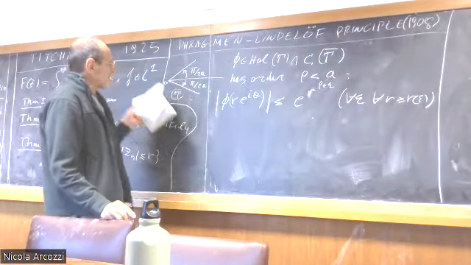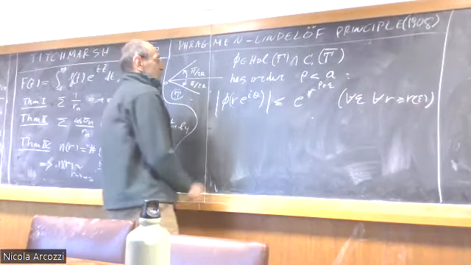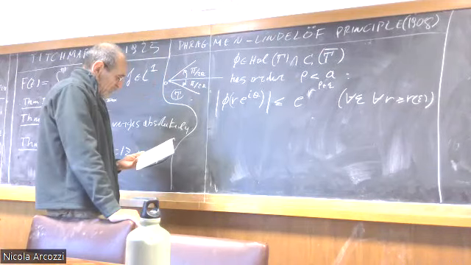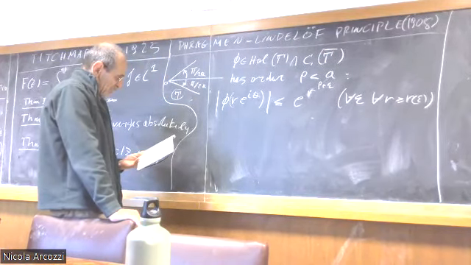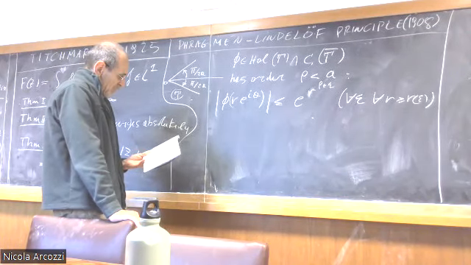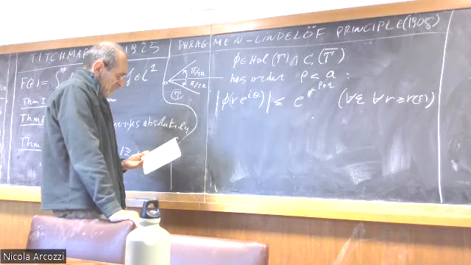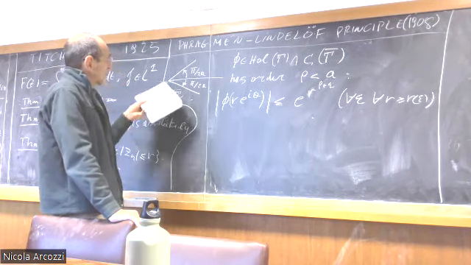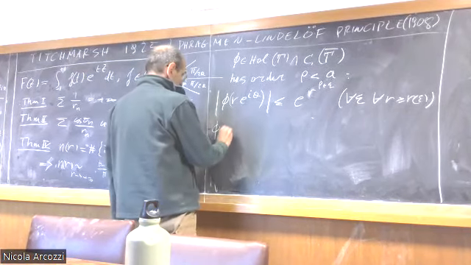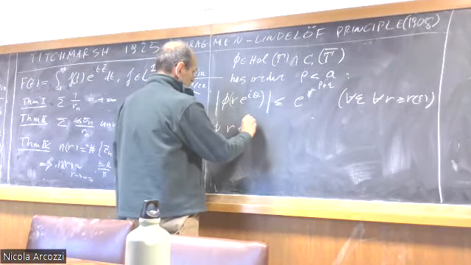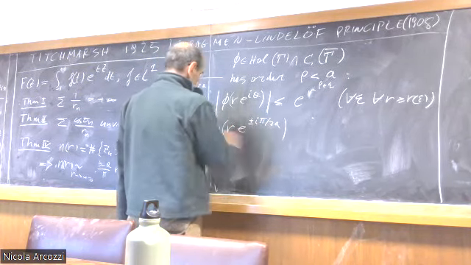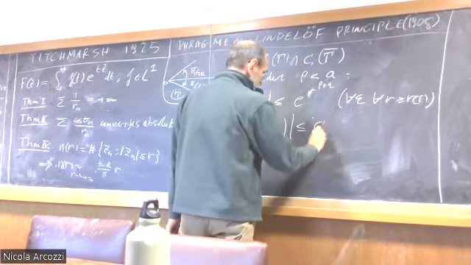Okay, and suppose that phi is bounded on the boundary rays, that is, phi of r e^{±i pi/a} is bounded by a constant.